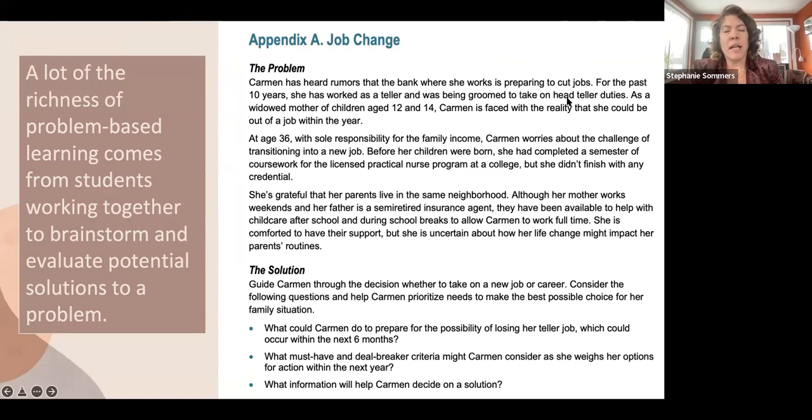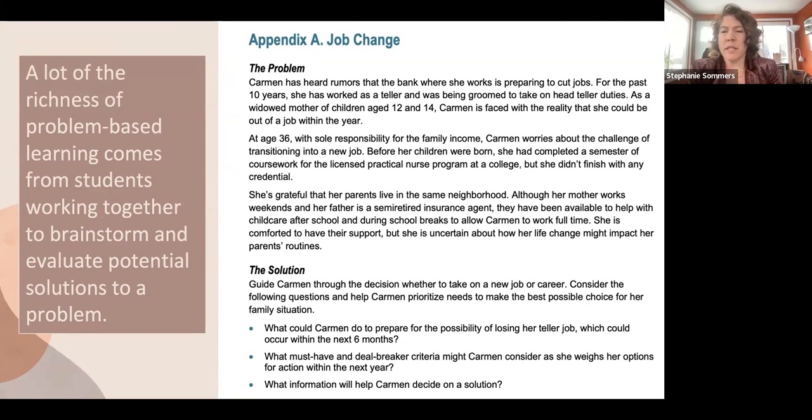So here I wanted to highlight the idea that a lot of the richness in problem-based learning comes from students working together to brainstorm and evaluate potential solutions. And so here some of the possible solutions are laid out. Students could add more to this list, and then they talk about these solutions and try to maybe assign criteria to help them make the best solution for Carmen's problem.